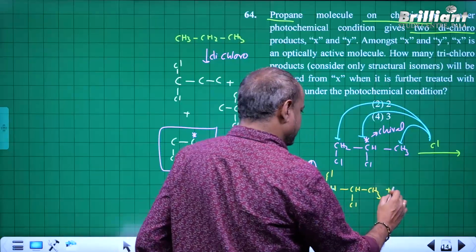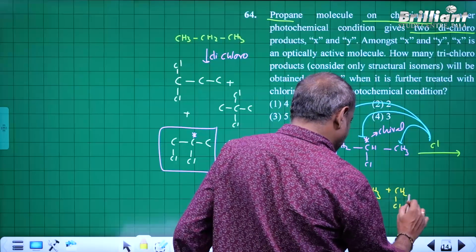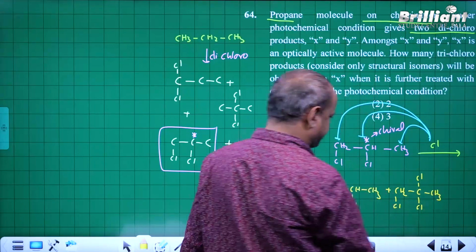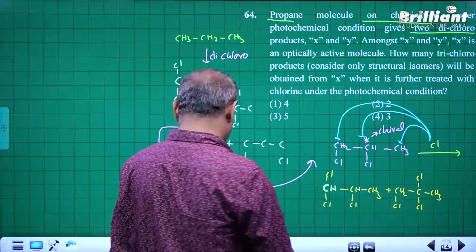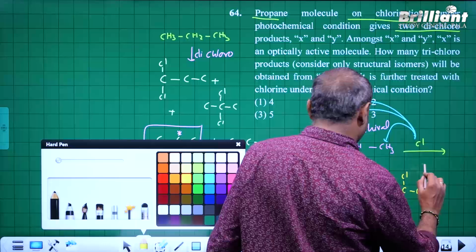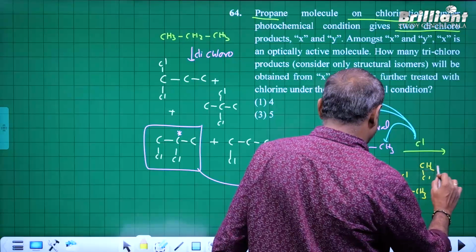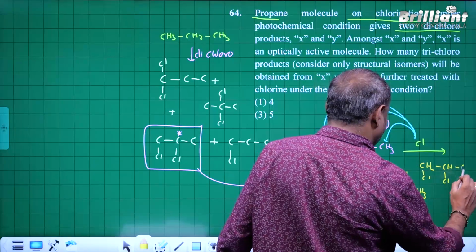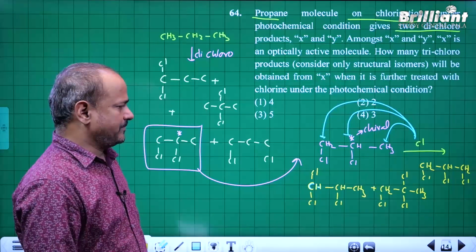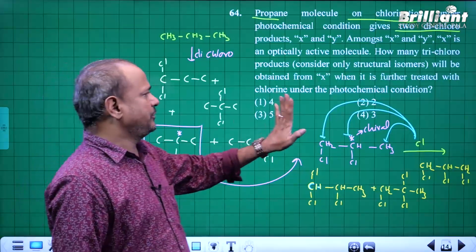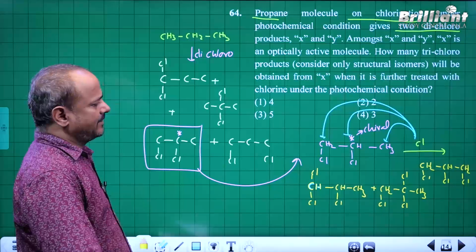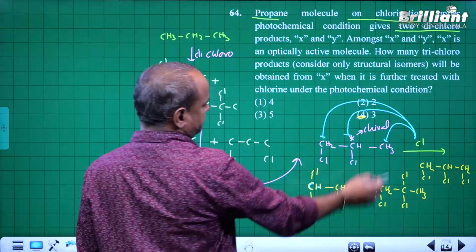Center: CH2Cl, CCl2, CH3. Next one, last one, CH2Cl, CHCl, CH2Cl. So 3 products possible. So don't take stereochemistry, only structural isomers. So how many possible? 3 possible. Okay, option 3, that is 4.